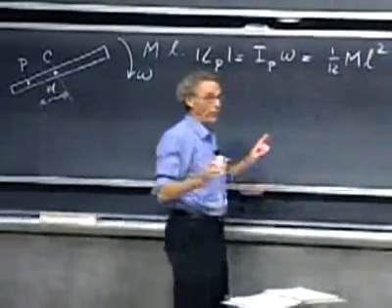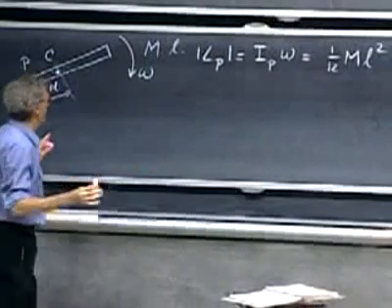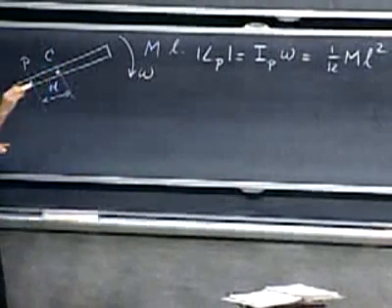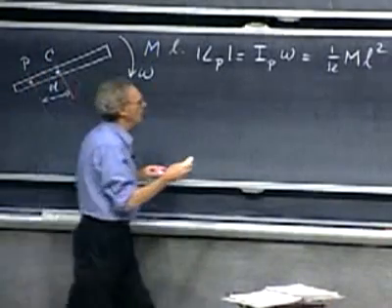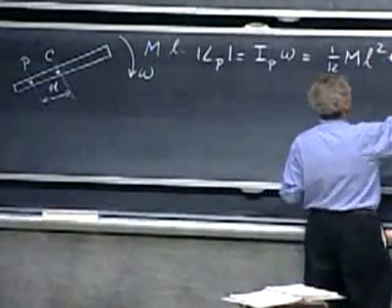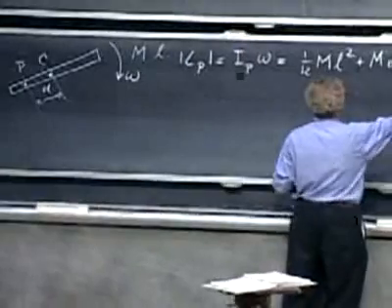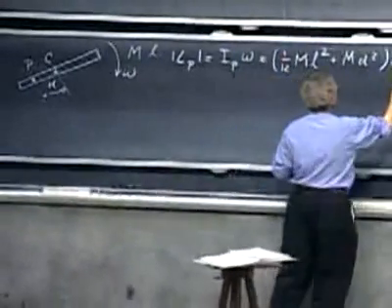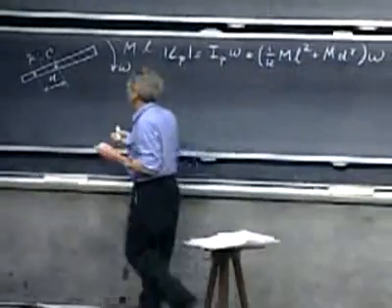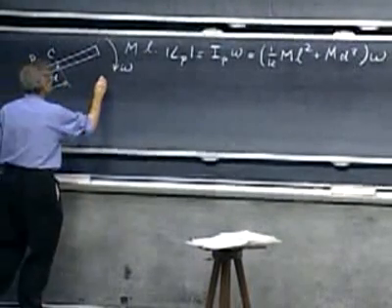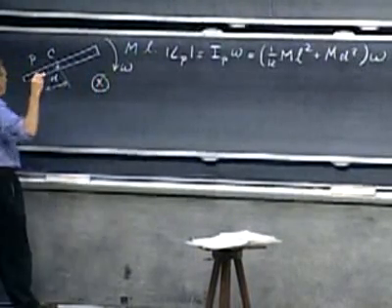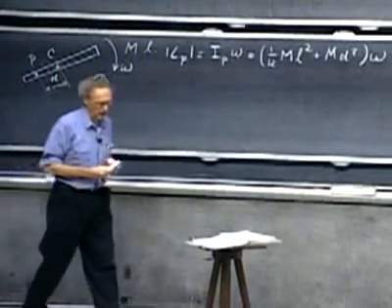Well, I just looked that up in a table because I don't remember that. So that would be the moment of inertia about this axis, and then the parallel axis theorem tells me I have to add m d squared, times omega. I'm not interested in the direction of L because that's immediately obvious. If it's rotating clockwise, then the direction of the angular momentum would be perpendicular to the blackboard and into the blackboard.